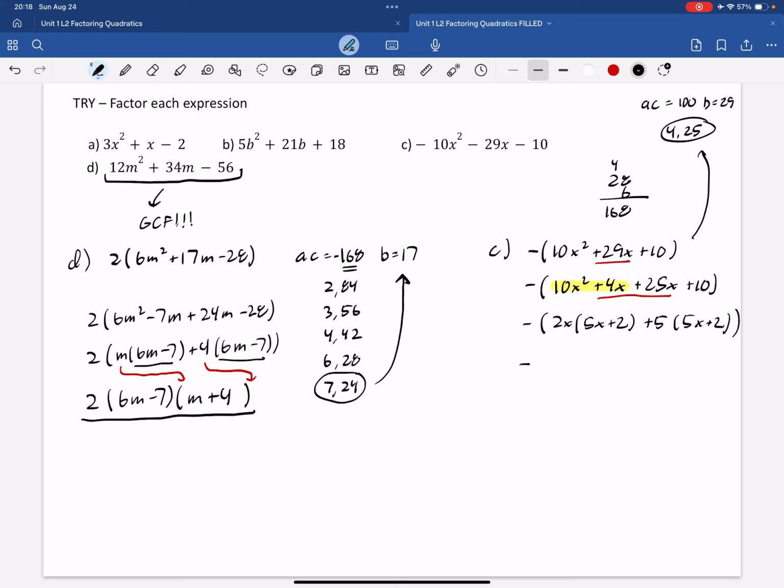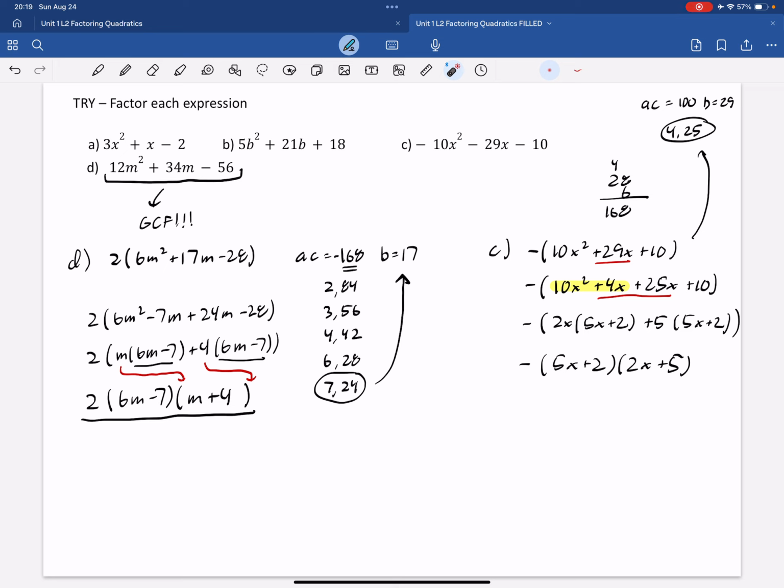So final answer is going to be negative, let's take the 5x plus 2 first, and then 2x plus 5, okay? And I'm just gonna keep it like that. We could distribute if you wanted to, you could move the negative inside there, but quick check, that's 10x squared, good. This is 25x plus 4x, it gives us 29, and this is the 10, so we're good.